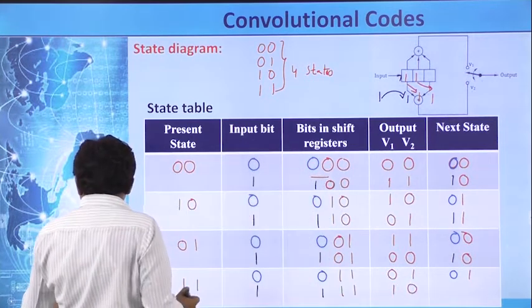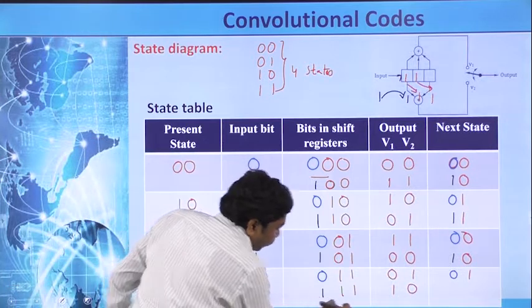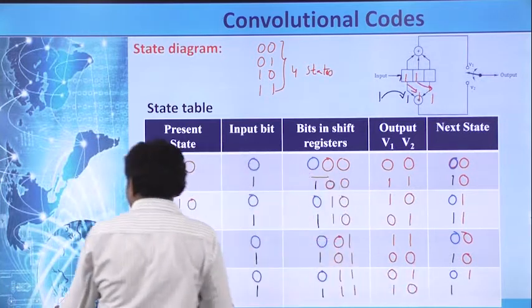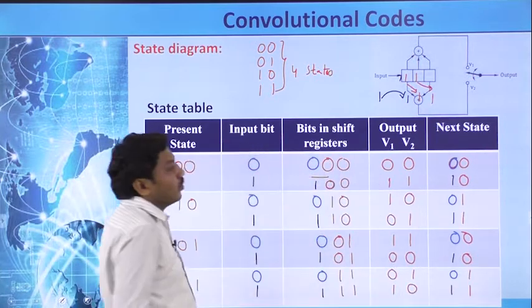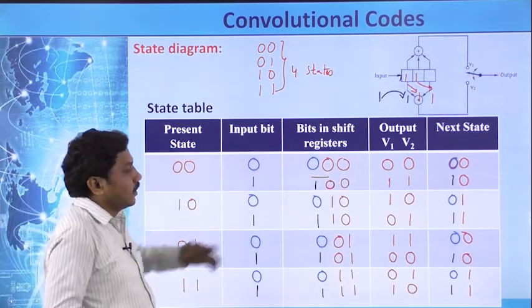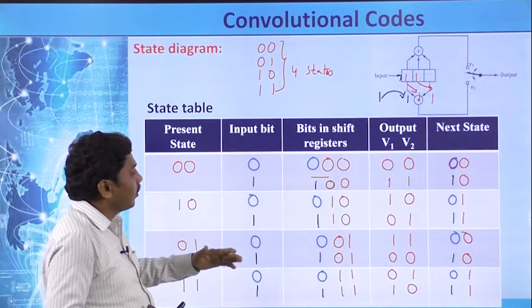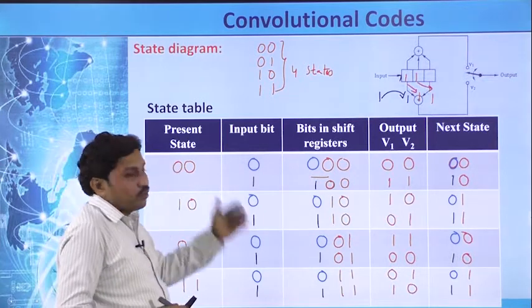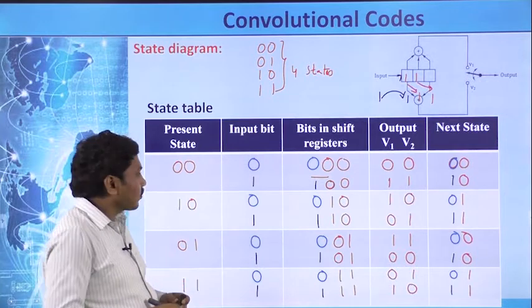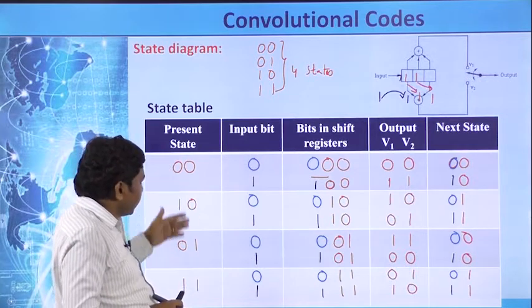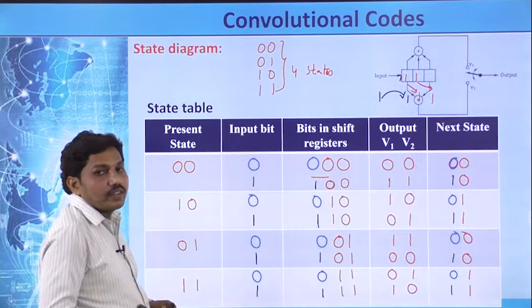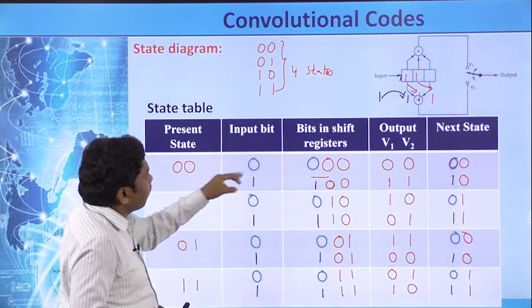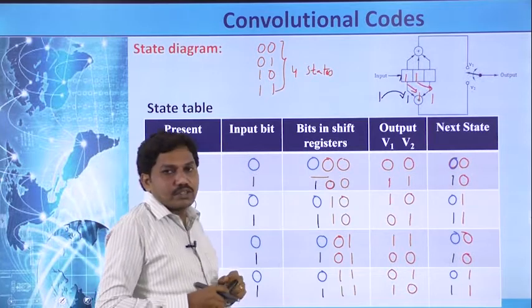So the next state, what is the next state? It means the first two bits, 1. So this is called the state table. Remember how to construct the state table: the number of possible states is 4, 0 0, 1 0, 0 1, 1 1. When the input you are applying, what are the bits in shift registers?